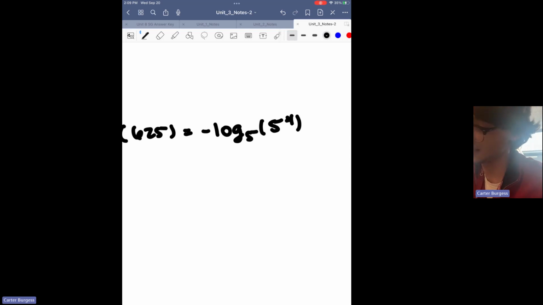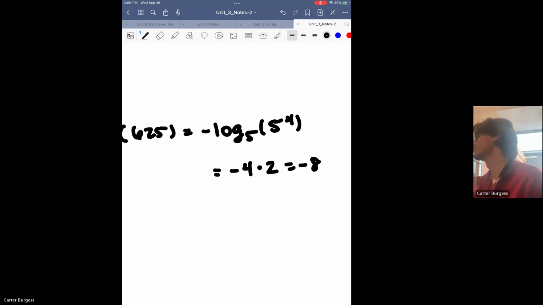And so I get that this is equal to -4, but then we multiplied it by 2, and so we got -8.